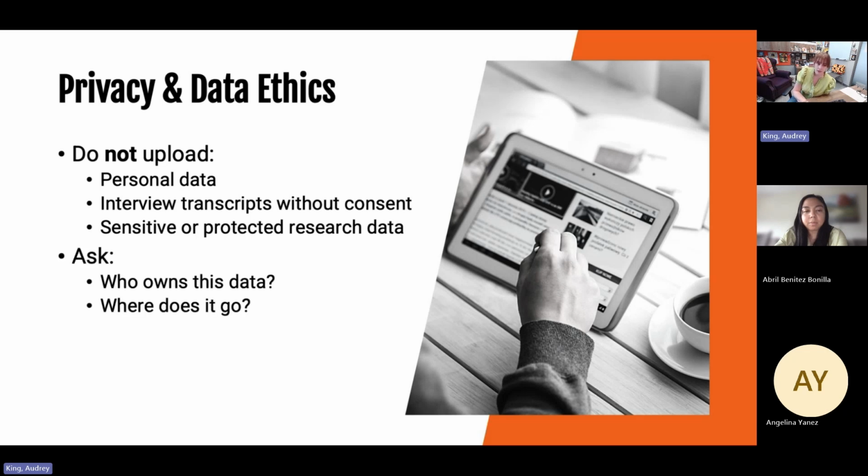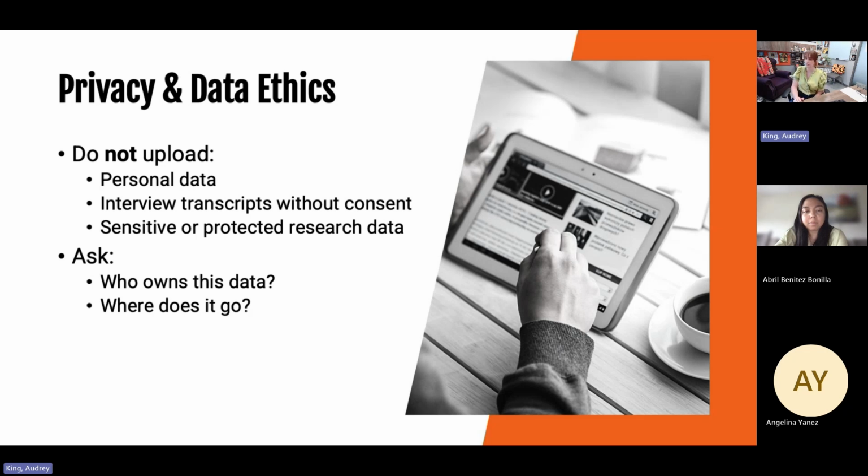We also need to be really careful about who owns this data. Where does it go? Does it feed back into the world at large? What does that look like? Some of the big debates that we're having at academic conferences right now, I helped lead a conference for a few years, is do we as reviewers get to put other people's stuff into an AI?